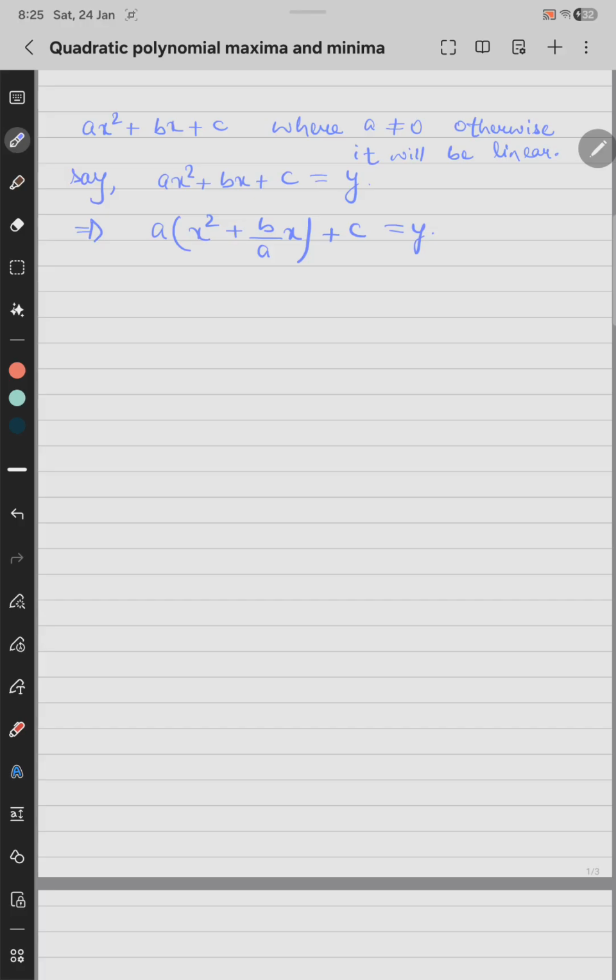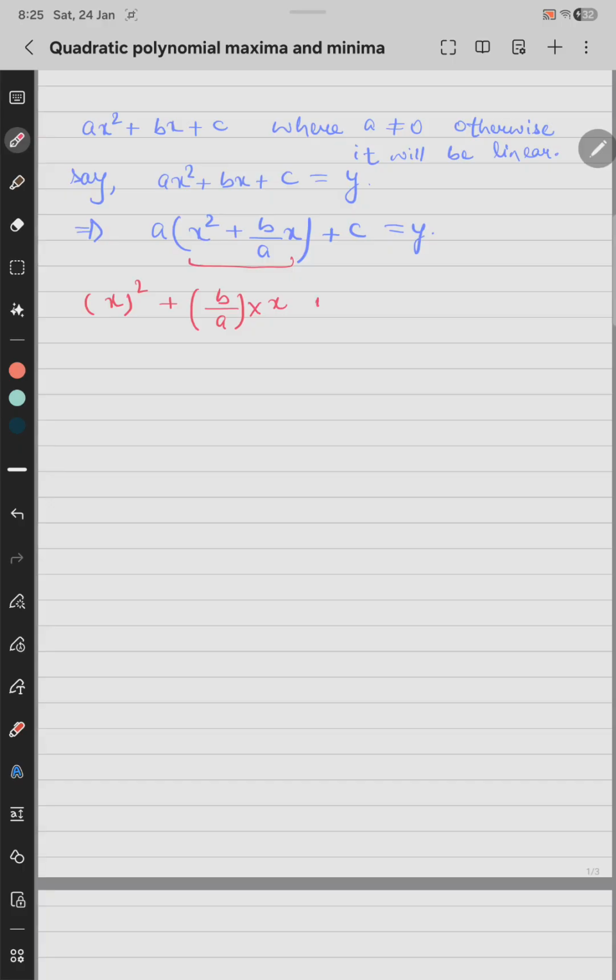Now we will look at these two terms. Here we have square of x, then we have a number b by a, and the square of the number whose square was there earlier.